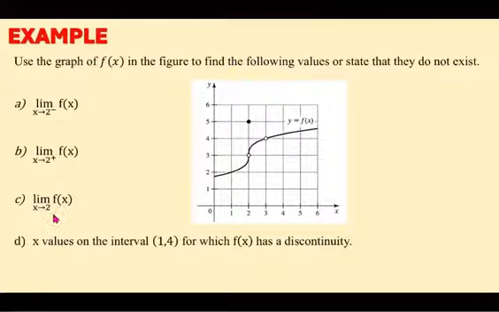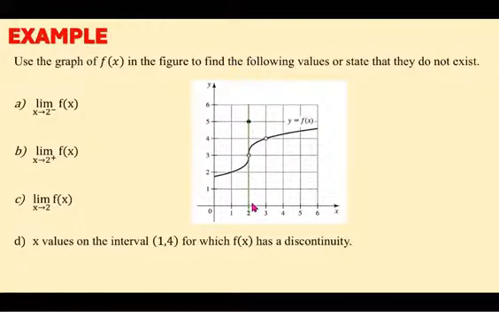So here we are looking at x equal to 2. So I'm going to draw a line at 2, so it will make it easy to understand what is going on there. So there's my vertical line at x equal to 2.